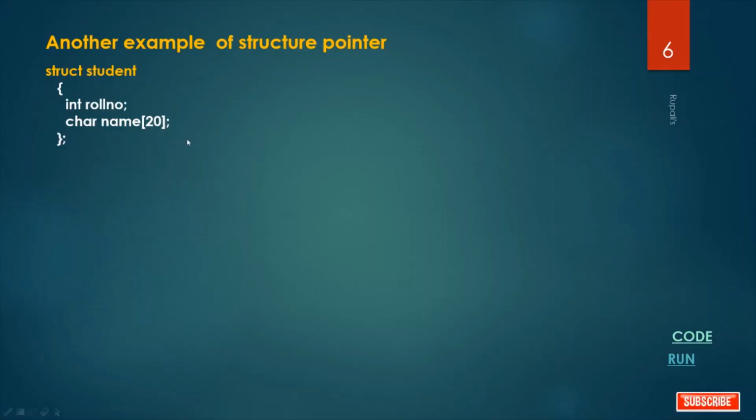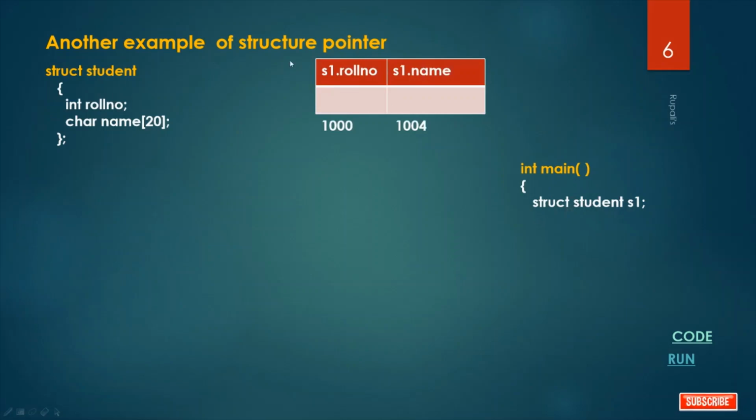Another example of structure pointer. See, this is our structure, struct student, with one integer variable for roll number and another for name, a character array. Now from main, I declare one object of type student, struct student s1. So in memory, this is s1.rollnumber, this is s1.name.